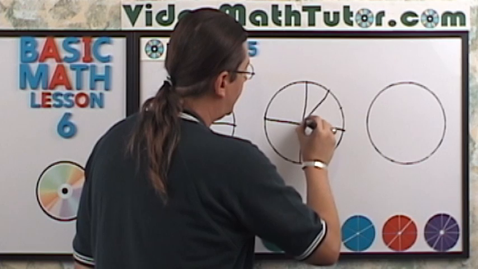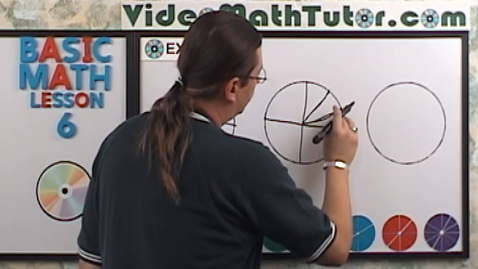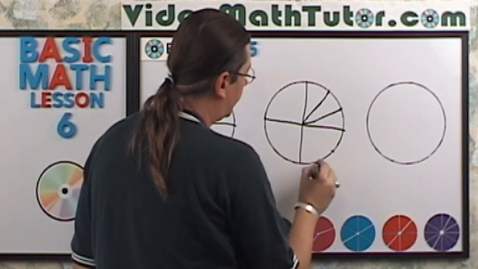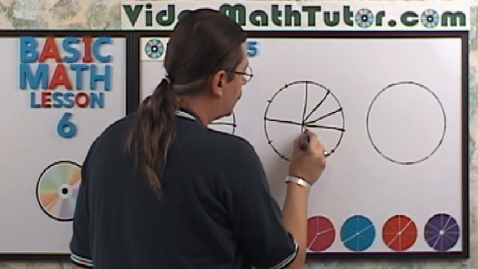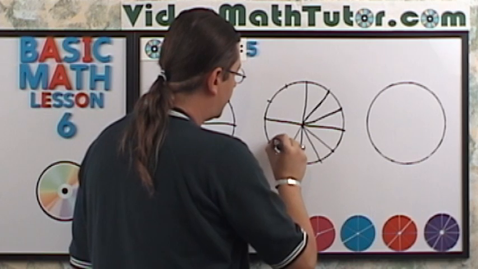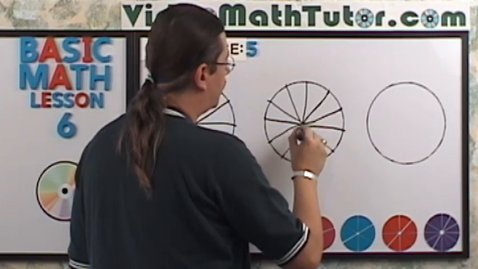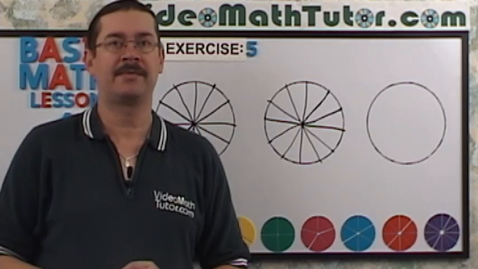So then I draw something like that, and then keep doing that for the others. Thirds, thirds, and then just draw your lines. So each one of these is divided into 12 parts.